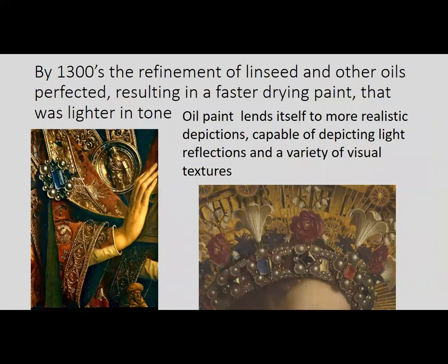By the 1300s, they got that refinement perfected, and the paint's still slow to dry, but dried faster. It's lighter in tone, and you could make amazing details, like these details from a painting of the Ghent altarpiece, with light reflections.